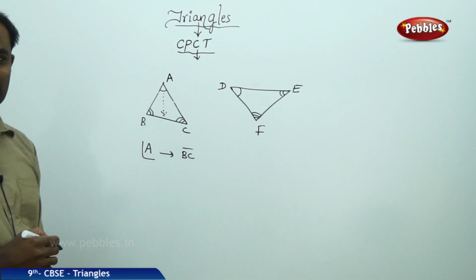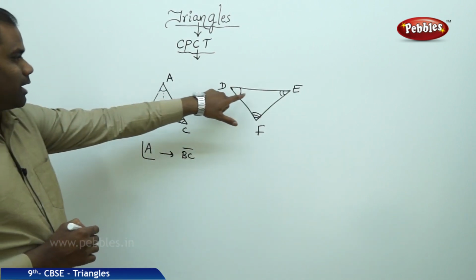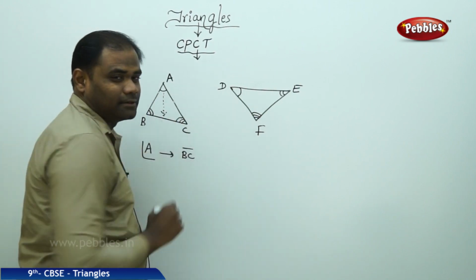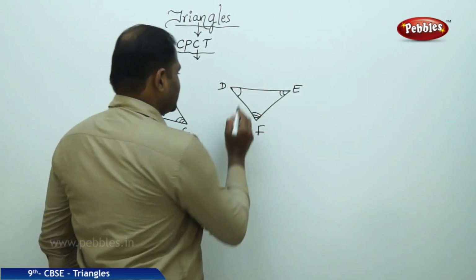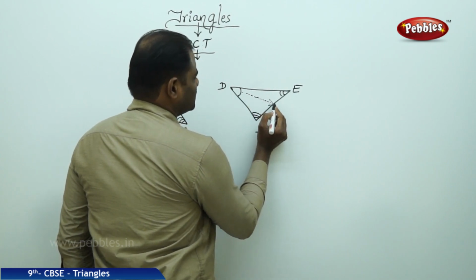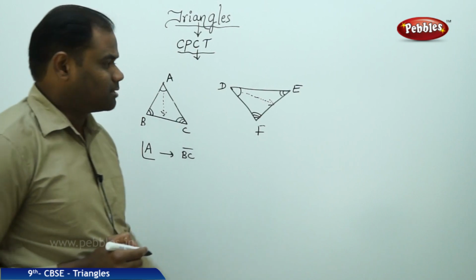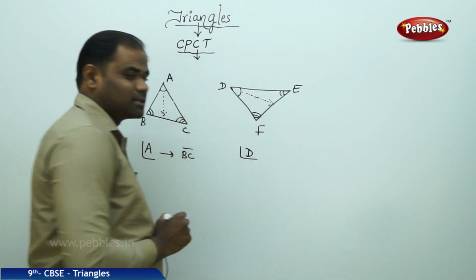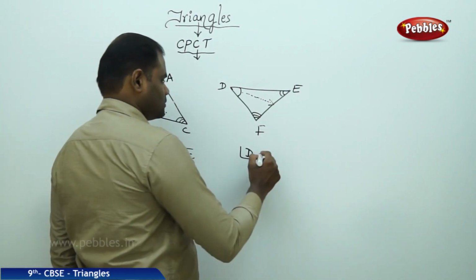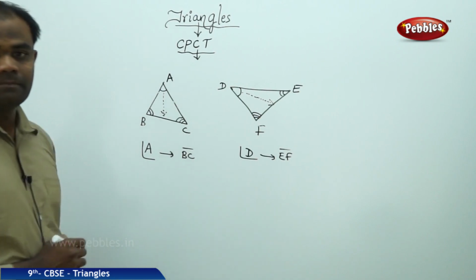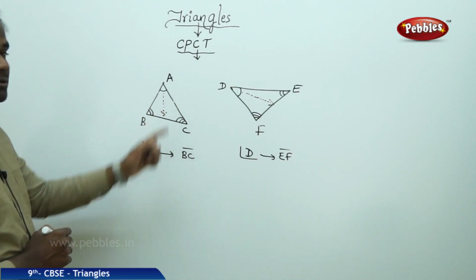Now let's connect with the corresponding angle of A. We know that the corresponding angle of A is angle D. Therefore, the side opposite to that is EF, as can be clearly seen. Therefore, the side which corresponds to angle D is EF.